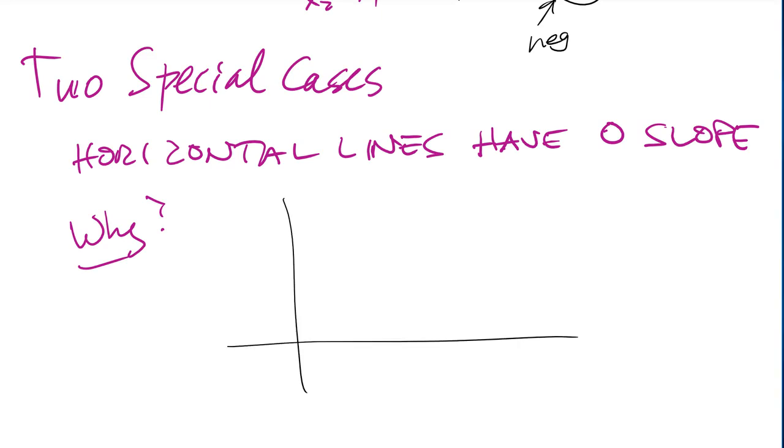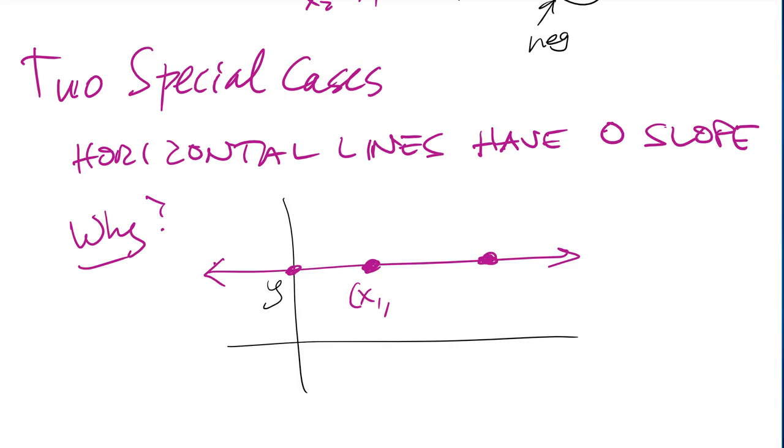like this. Here's a point. Let's call that x1, comma. All right, so the y value is going to be the same for any point on the line. So let's suppose that it hits at, well, let's just call it y.